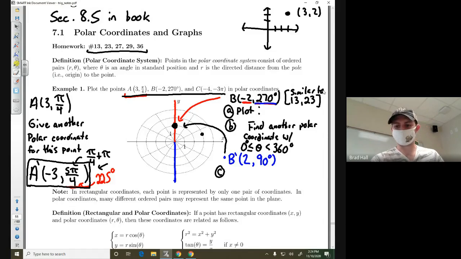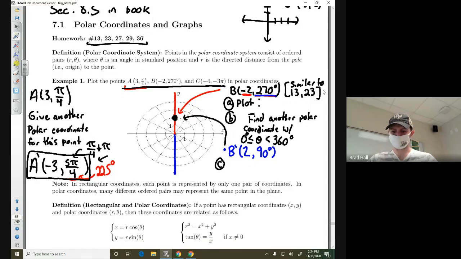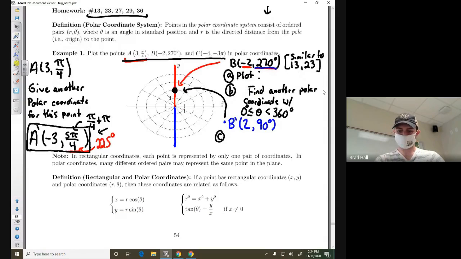So there's formulas that we have to utilize here. Those formulas on the left tell you how to convert from polar to rectangular.